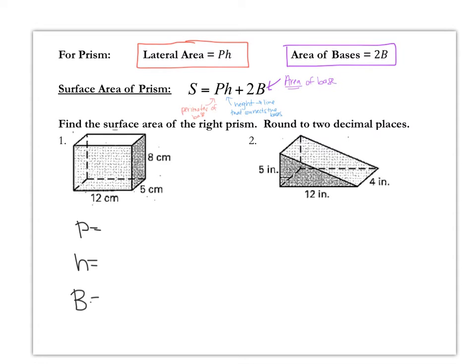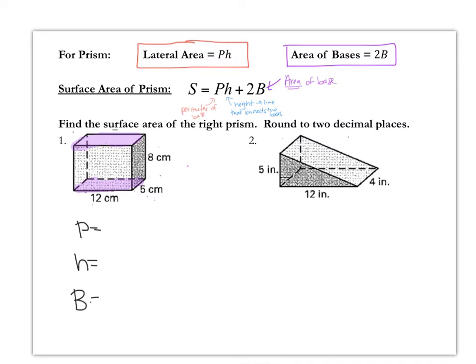Looking at number 1, I would highlight the bottom and the top. For this particular one, you could do the left and the right, or the front and the back. These have more than just one pair of sides that are parallel and matching. But I'm going to go with the top and the bottom. You will get the same answer if you picked a different pair, but you need to focus in on that particular pair.